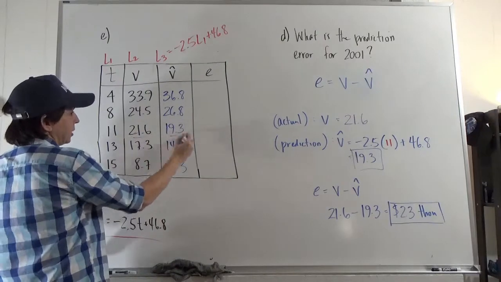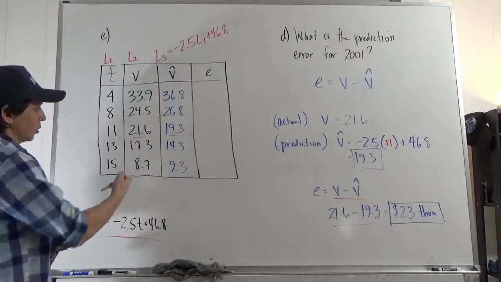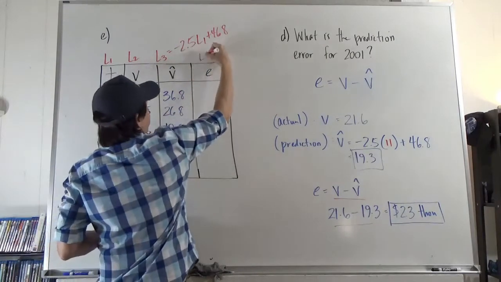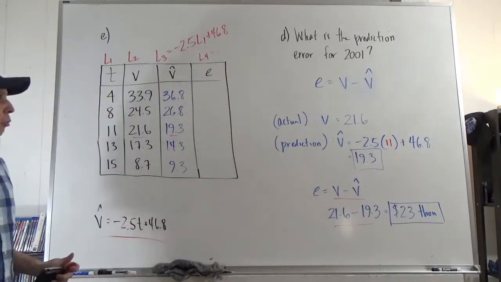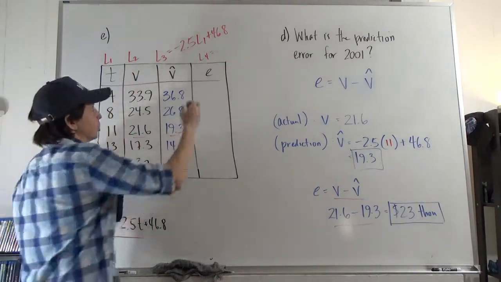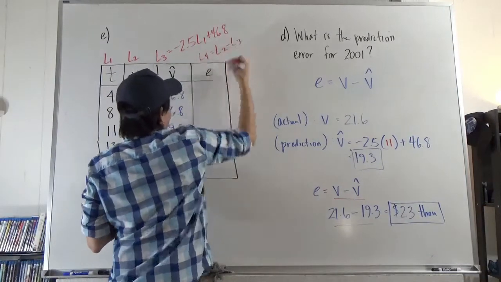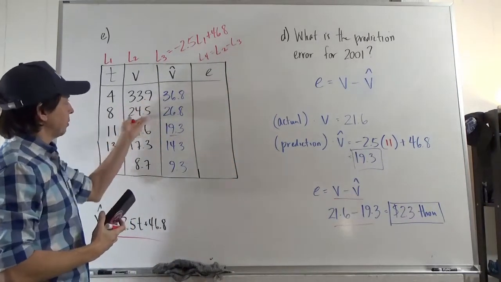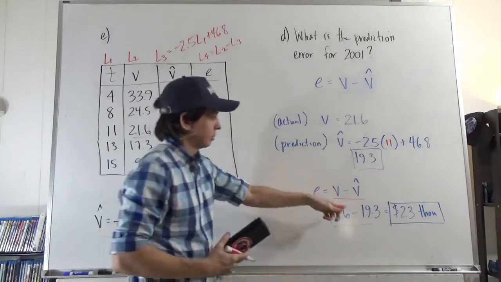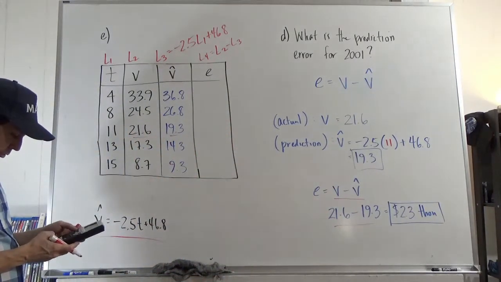What did I do with V and V hat right here? I subtracted them, and I got 2.3. So I want to do V minus V hat in L4. Think about what I'm going to do for the formula. Make sure in the column header: V, which is L2, minus V hat, which is L3, and subtract that minus that, that minus that, and so on. L2 minus L3.